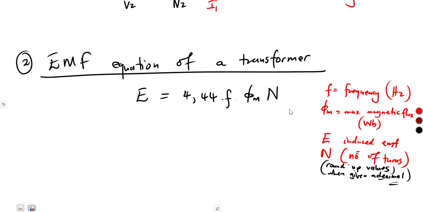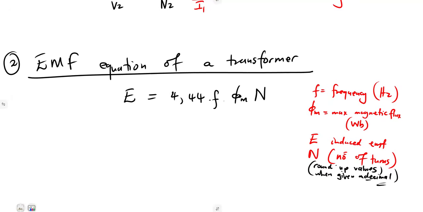So that is it. We can also have the relationship between the flux and the magnetic flux density. It follows that the magnetic flux is magnetic flux density times area.